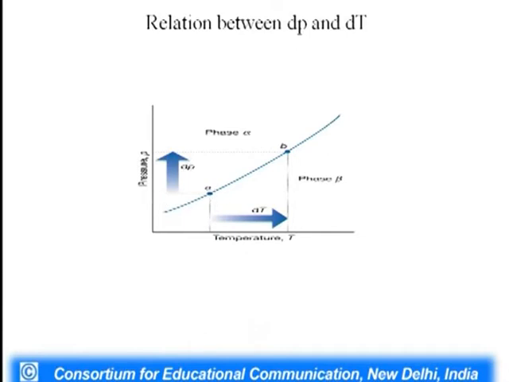And if I change the pressure by this much amount, here is the temperature at which equilibrium will exist. So, there is a relationship between dP and dT, and that is what I gave you: dP by dT is equal to delta S by delta V.